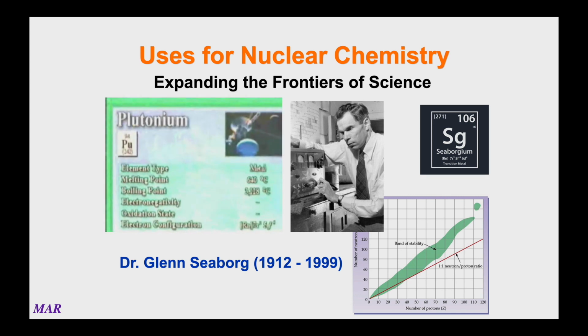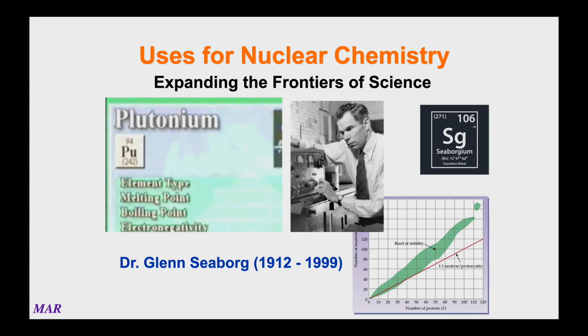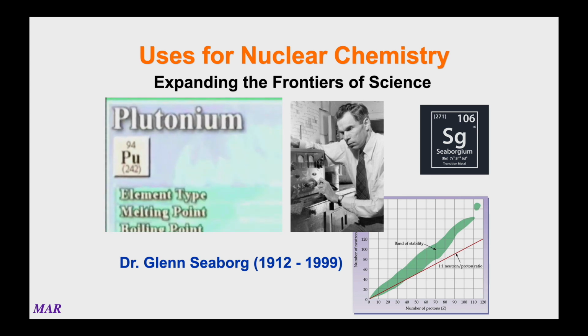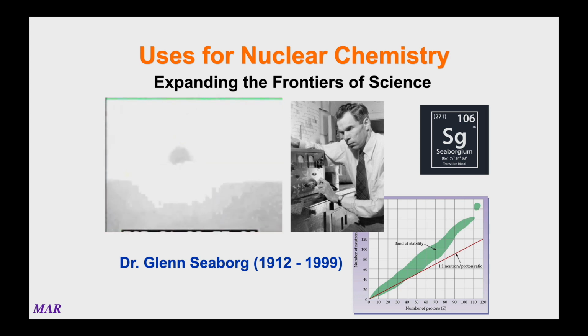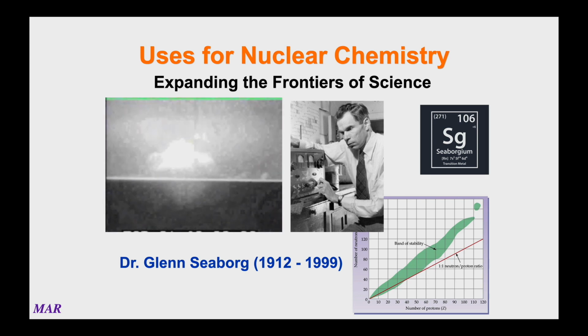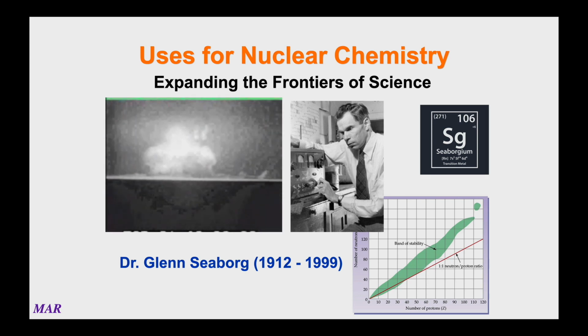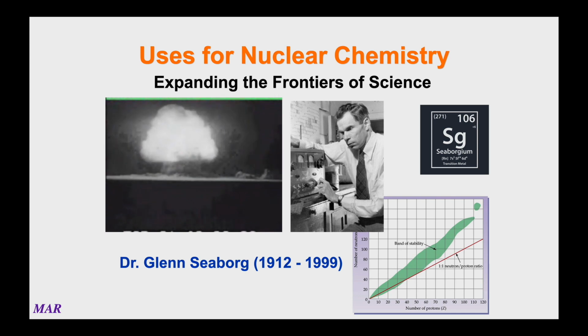The most important one, of course, is the element with the atomic number 94, plutonium, which has the fissionable isotope that is used in atomic energy and was used in the atomic bomb that brought an end to World War II when it was used at Nagasaki.